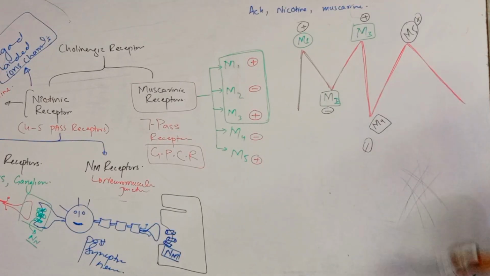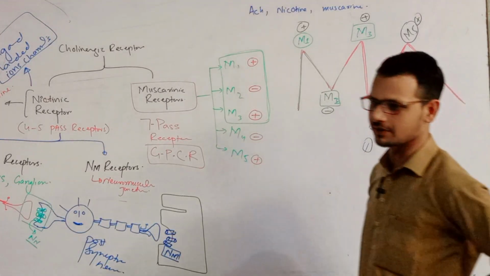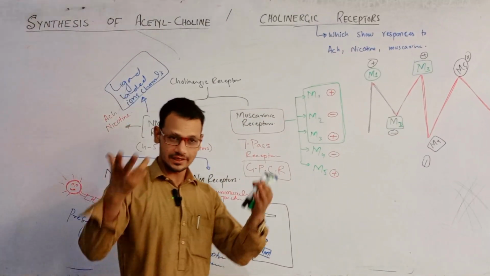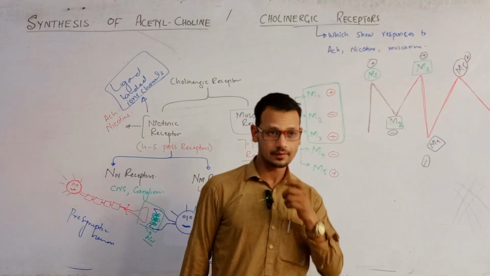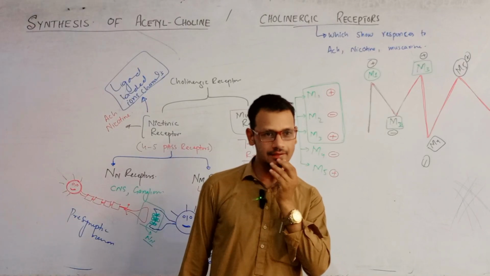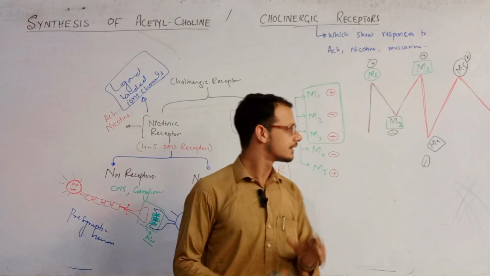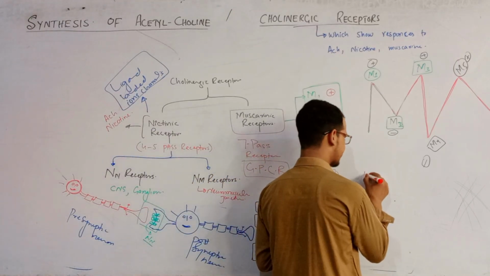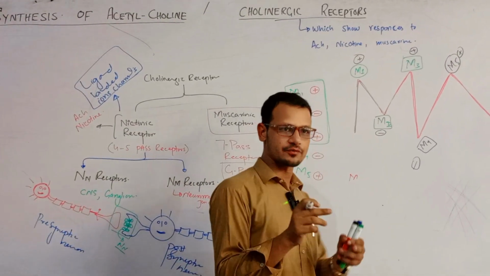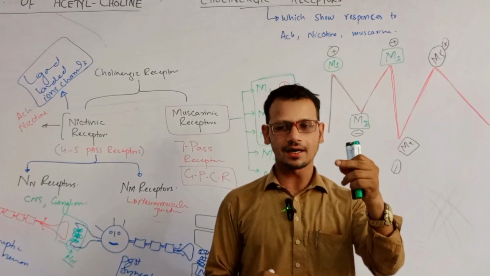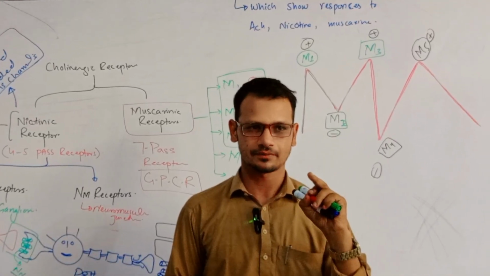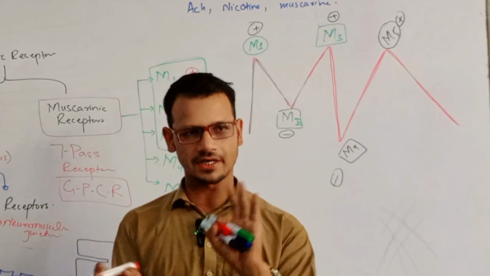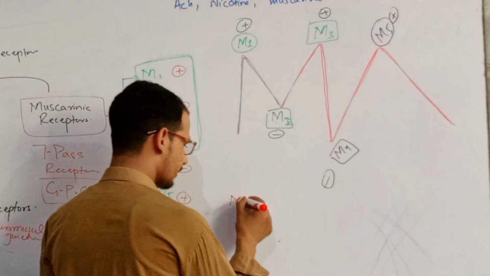What are the locations of these 7 pass receptors? Surface of the cell. What is the location in the body? Spinal cord, brain, heart. Now listen. M1 to M5 receptors are all present in CNS.